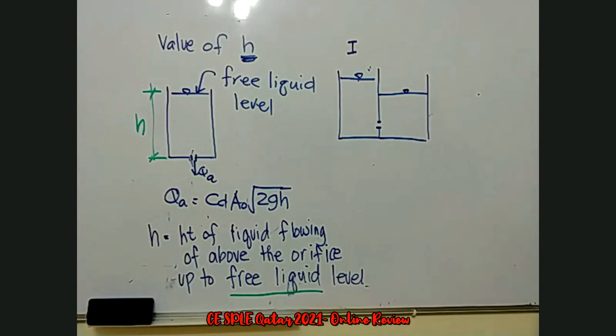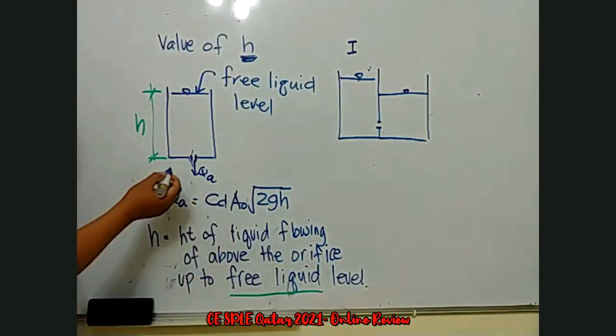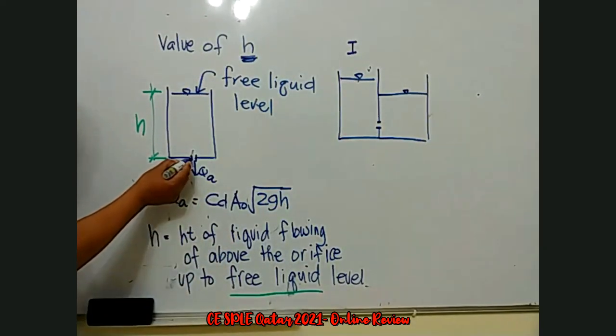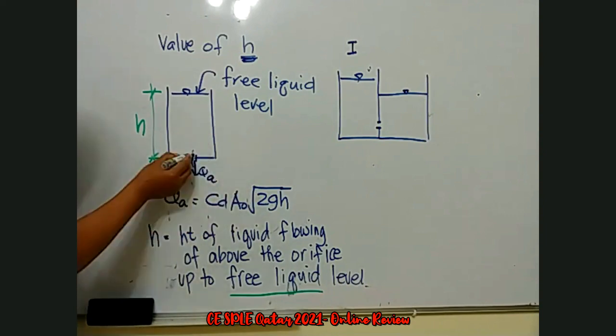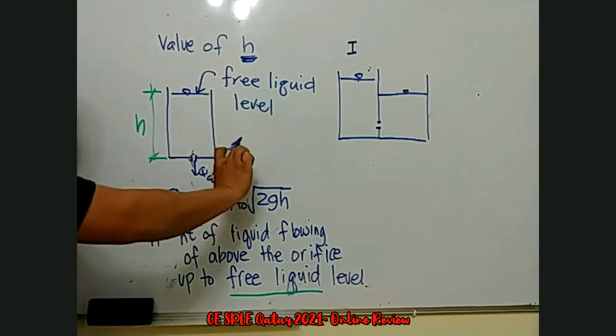Paano ko i-measure ngayon yung H? Paano ko ngayon i-measure yung H? Ganito. Halimbawa, ito yung out. Actually, this should be between the in at saka yung out. Yung in dito is ito. Yung out is ito. But, of course, in one point lang.